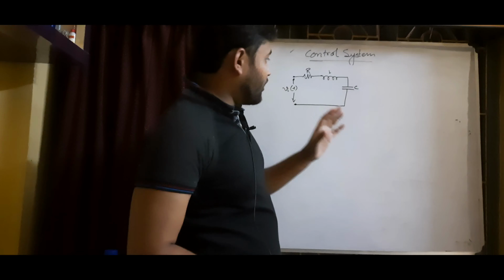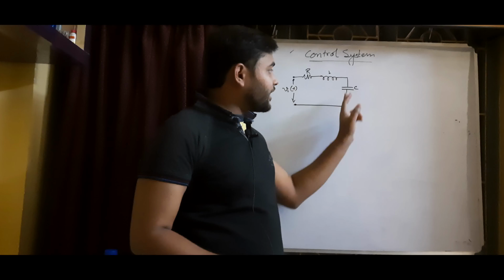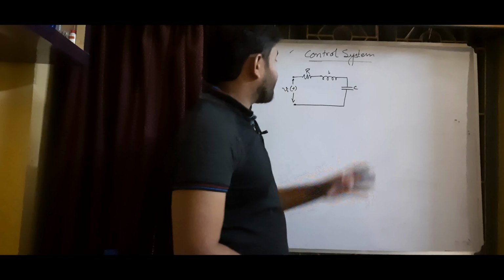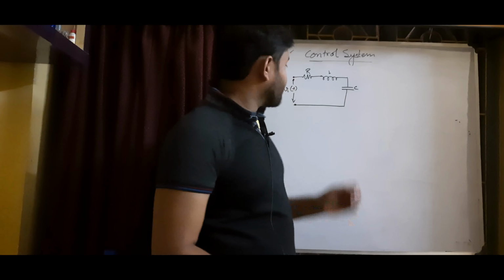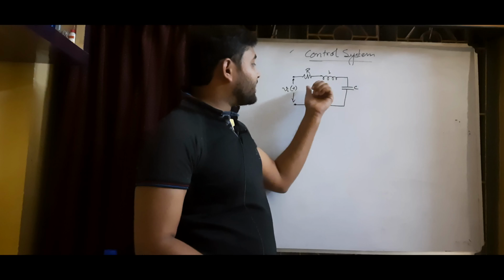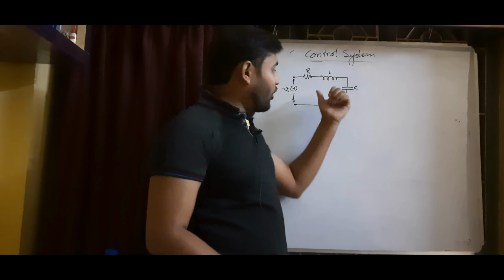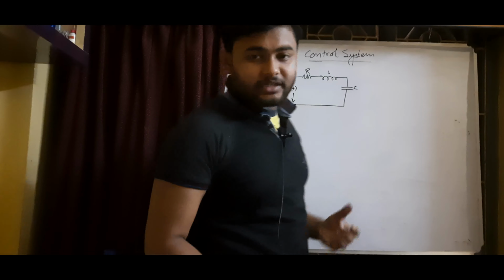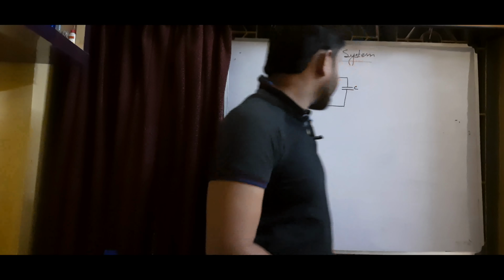Now, the current through the elements will be the same because those are in series. So the current through any element, or the voltage across each element, or the voltage across any collection of two elements can be considered as the output of the system.